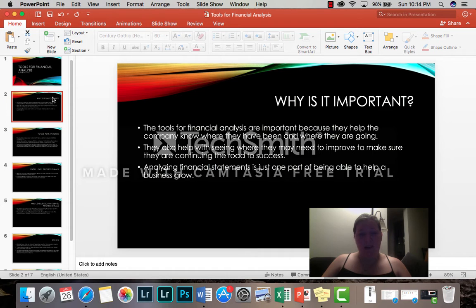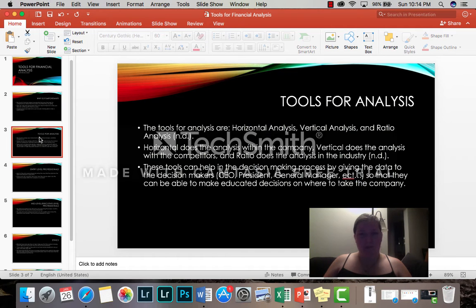And analyzing financial statements is just one part of helping a business grow. So without being able to analyze those, then there's really nothing for a business to go off of. So they need to be able to analyze that. Of course, the tools for financial analysis are the horizontal, vertical, and ratio.